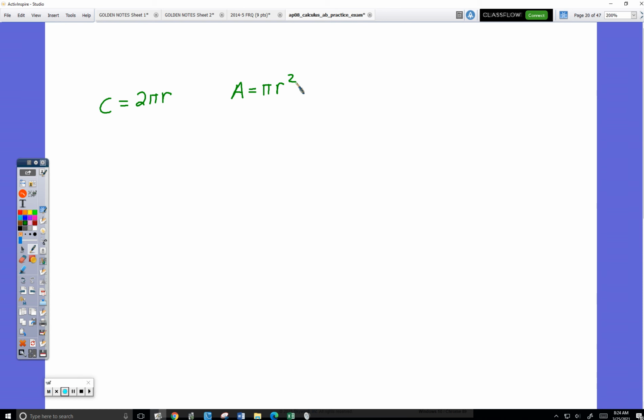So, last step in the DREAD process is to differentiate both sides of that equation. So I apply the d/dt operator to both sides. Question.